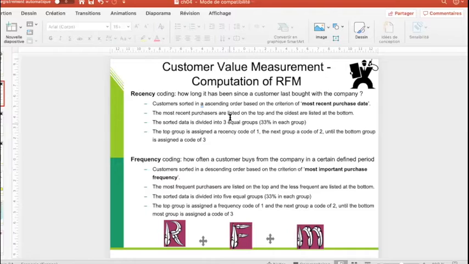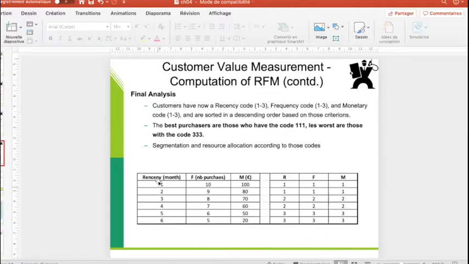The sorted data will then be divided into 3 groups, one third in each group, and you assign a mark from 1, the best mark, to 3. We look at this table. I have a database with 3 types of variables: recency, frequency, and monetary amount. You have the first 2 customers who bought 1 and 2 weeks or months ago.